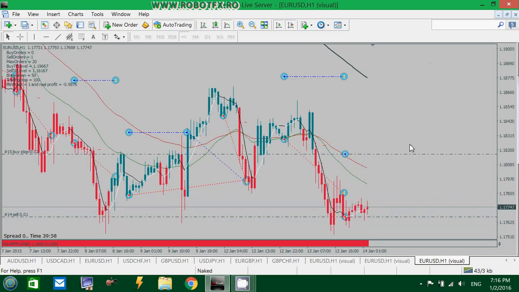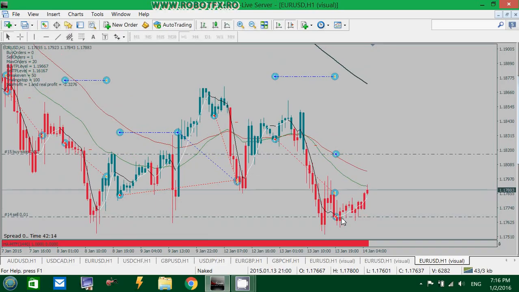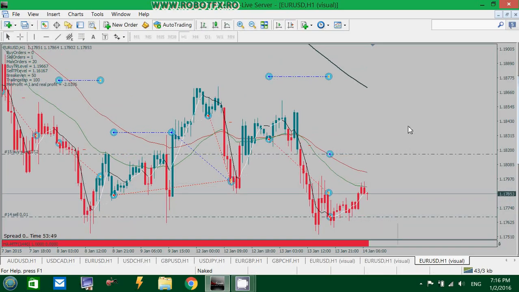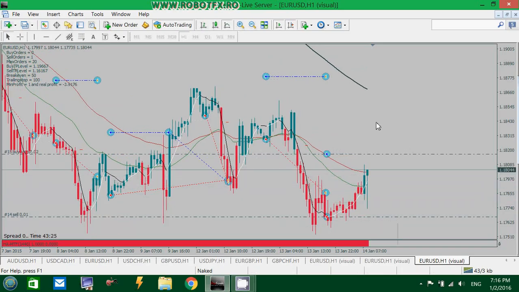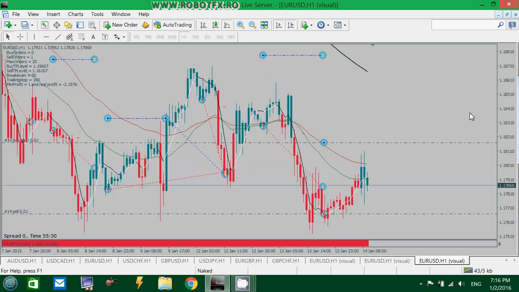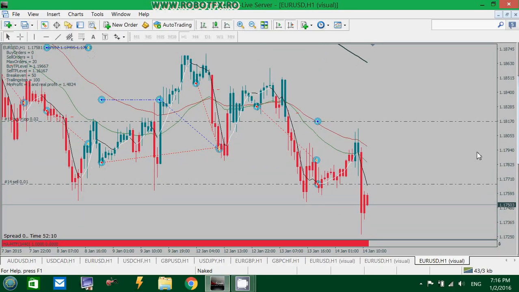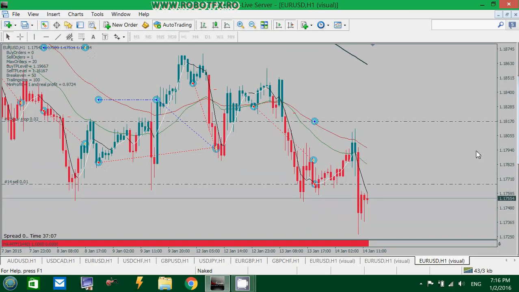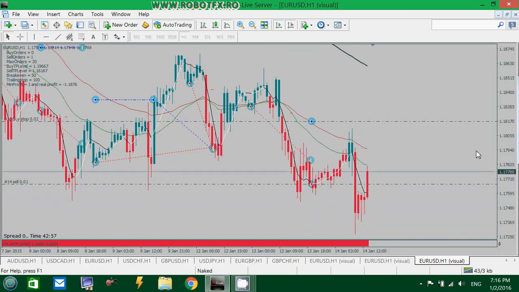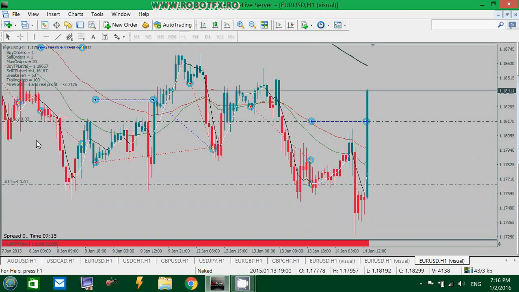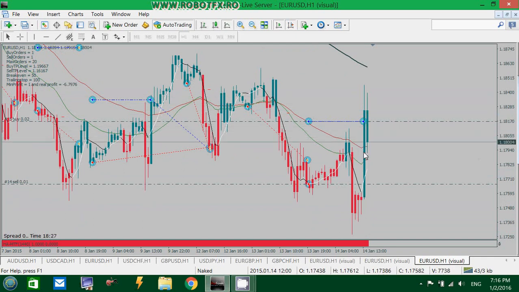Now it opened another sell, but at a bad moment. Not the best trade. And I think the price will hit the buy stop. No, it doesn't. Actually the price went down. Or not. It hit the stop loss. We still have a downtrend.